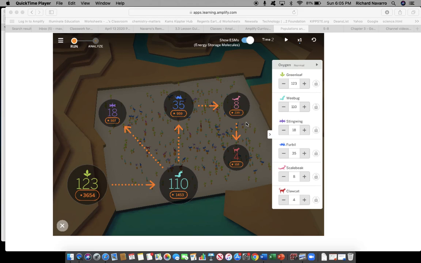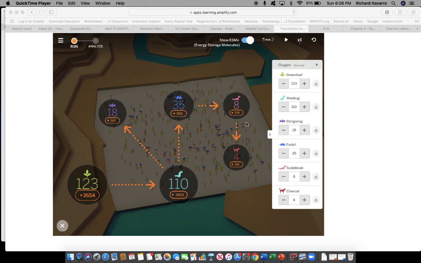So if we're going to increase its food supply, then we need to increase the food supply of its food supply.